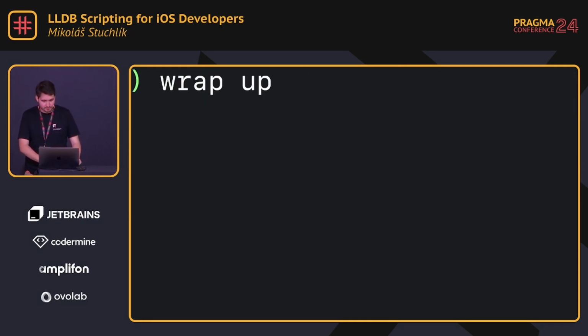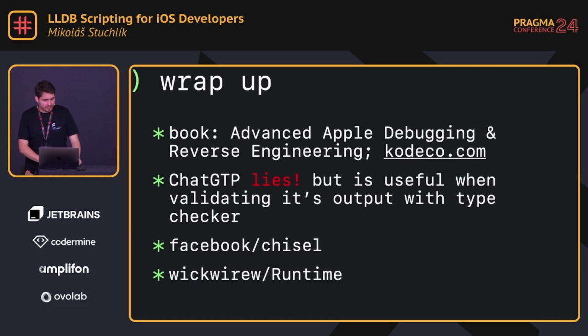So let's wrap up. If you are interested in this topic and you would want to dive into more detail, I would recommend a book called Advanced Apple Debugging and Reverse Engineering from Kodeco. I'm not affiliated with them. I have used this book, and it was recently updated. And if you decide to use ChatGPT, I have done this too.